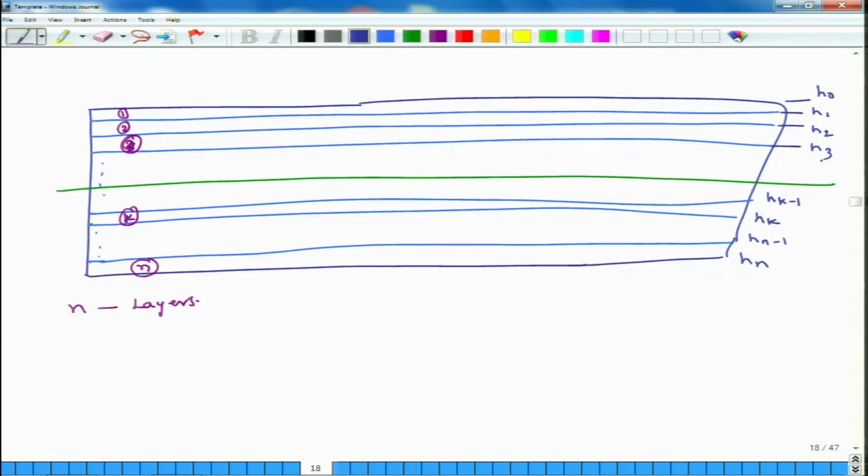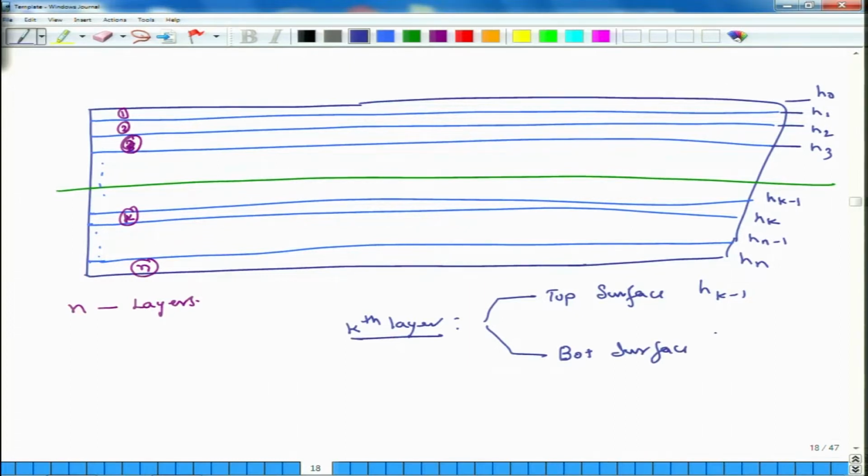So, for the kth layer, its top surface has a coordinate h k minus 1, and its bottom surface has a coordinate h k.